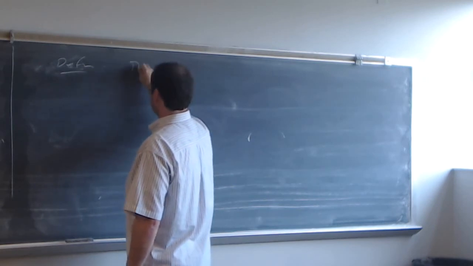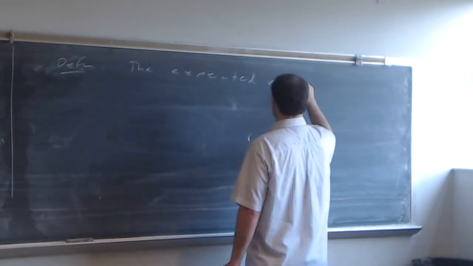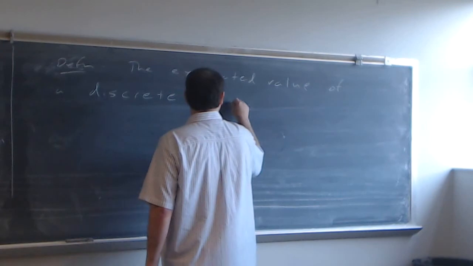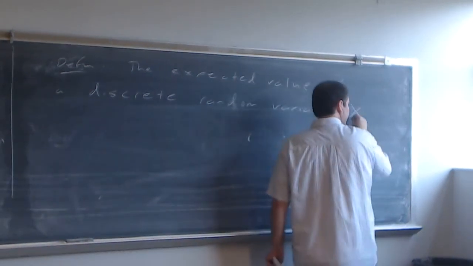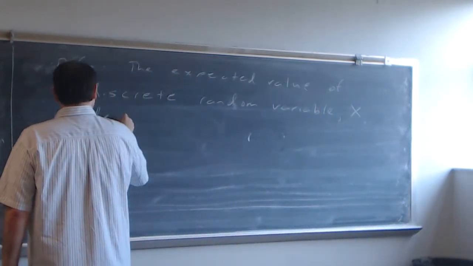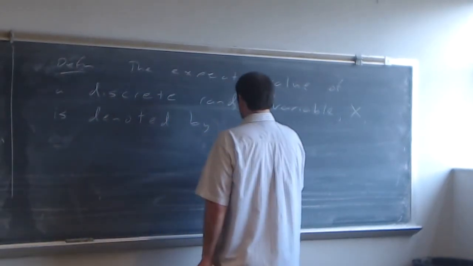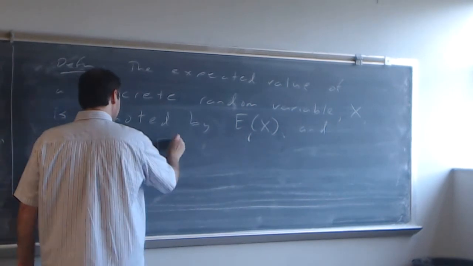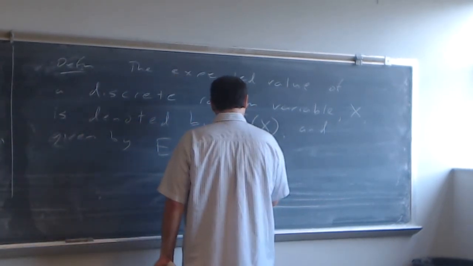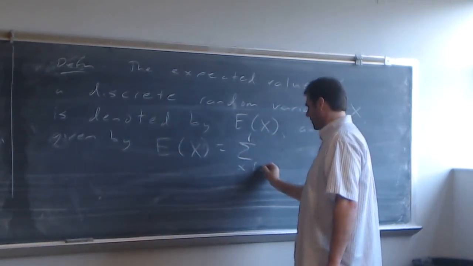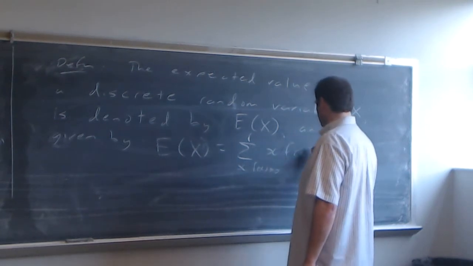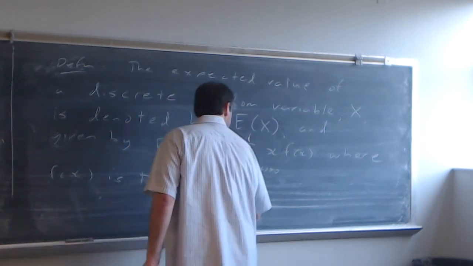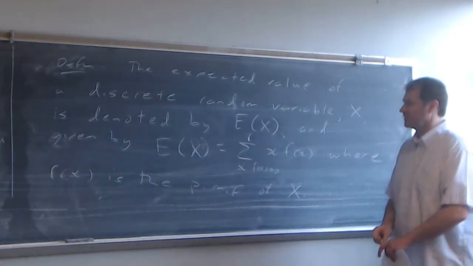Definition: the expected value of a discrete random variable, give it a name, X, is denoted by E, or expected value, of X, and given by E of X is equal to the sum over all little x output values, so I'll say x such that f of x is greater than 0, of x times little f of x, where little f of x is the probability mass function, the PMF, of the random variable X. So that's its definition.